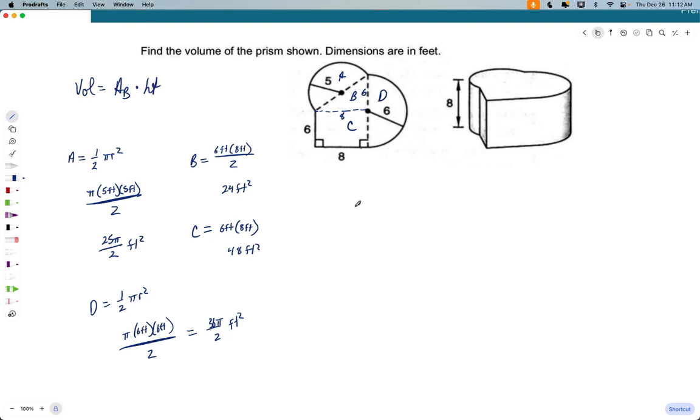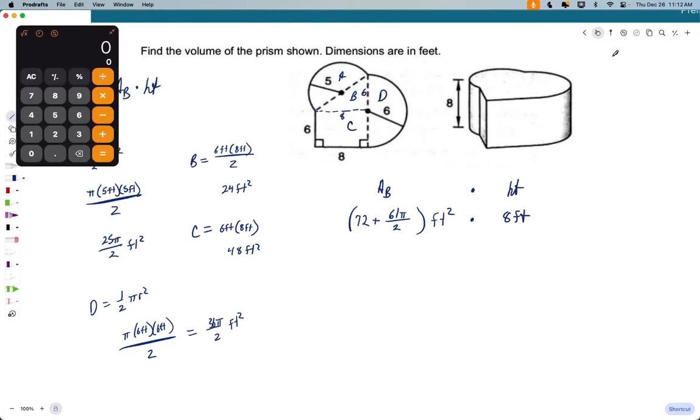So B and C make 72 plus 61 pi divided by 2. All of that is feet squared. All right, this is my area of the base. Now I'm going to multiply that times my height. So that's going to be times 8 feet.